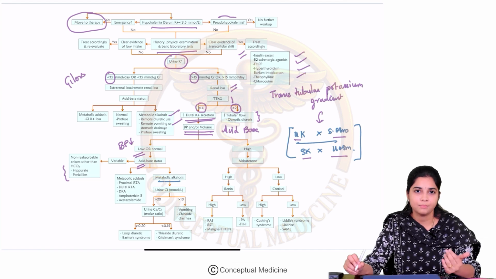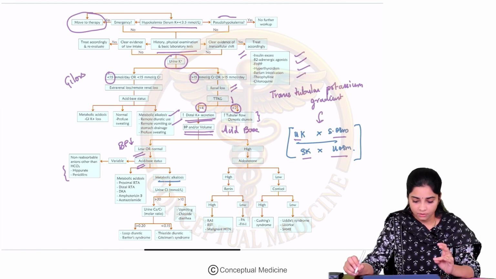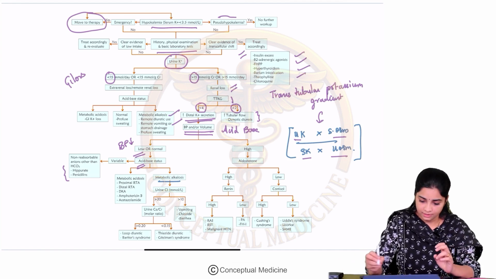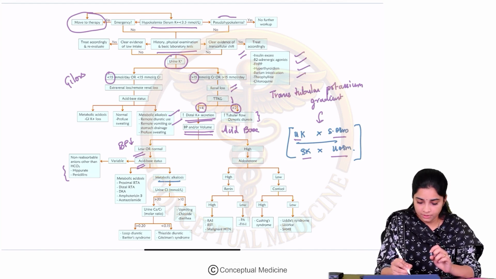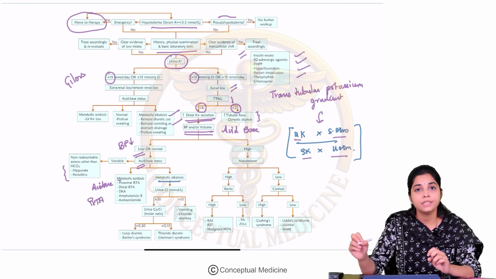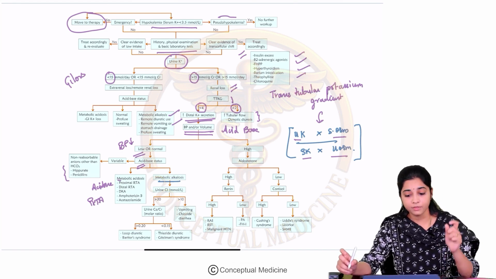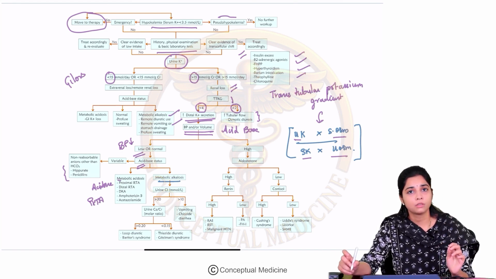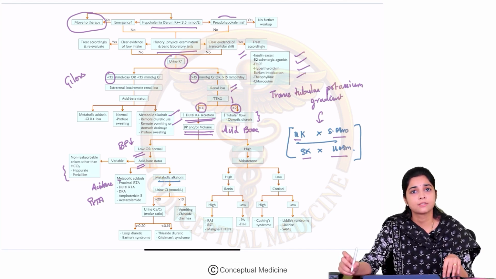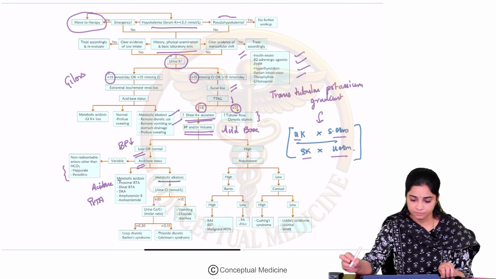Patient is on hippurate therapy, patient is on penicillin therapy. Also, you look at the acid-base status. So BP is low normal and there is acidosis. Then we are dealing with renal tubular acidosis or some drugs like amphotericin. Okay. So if the BP is low normal and there is acidosis, we are dealing with renal tubular acidosis or drugs like amphotericin.